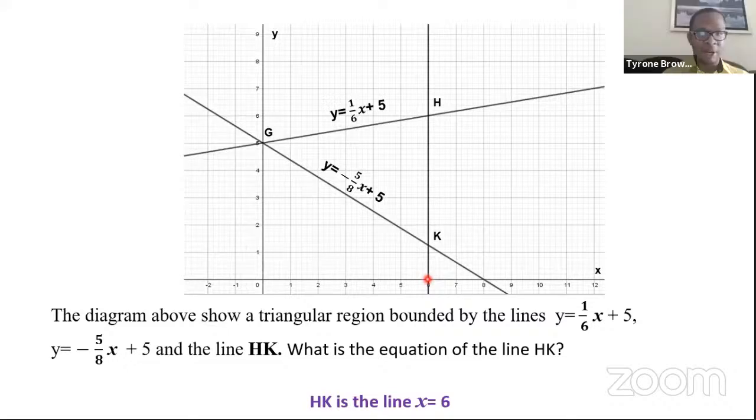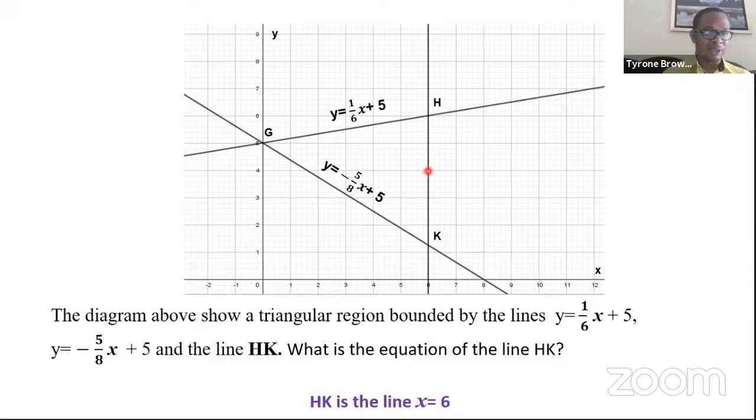Let's move up a little bit more. If we are at this point, I'm seeing 6, 4. 6, 4.